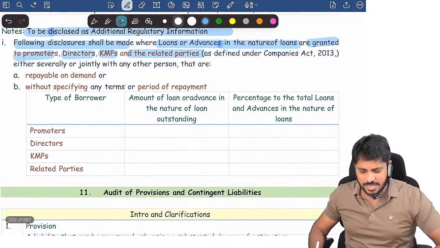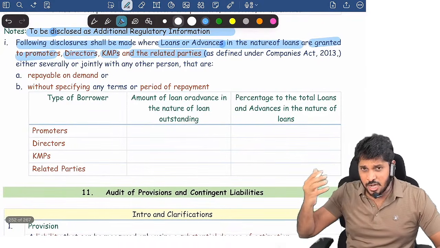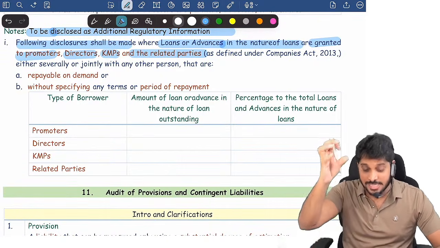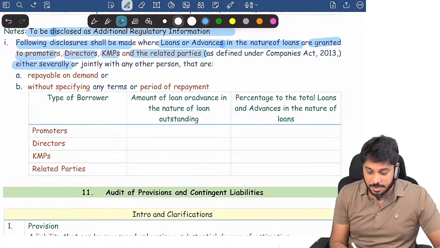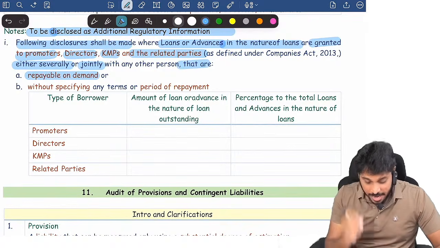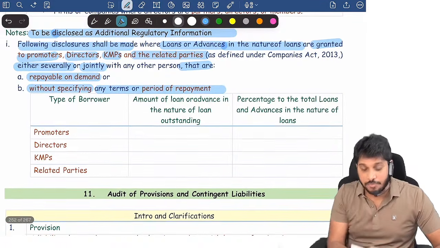Did the company grant any loans or advances in the nature of loans to promoters, directors, key managerial persons and related parties, either separately or jointly, that are repayable on demand or without specifying any terms of repayment?